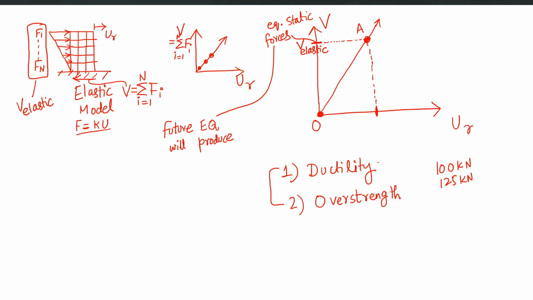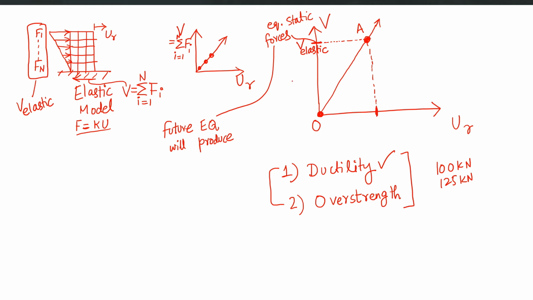And the reason was this factor, ductility, that structures have the capacity to accommodate large deflections without significant failure. So we can use these two useful properties of the structure to reduce our design forces from this V elastic.